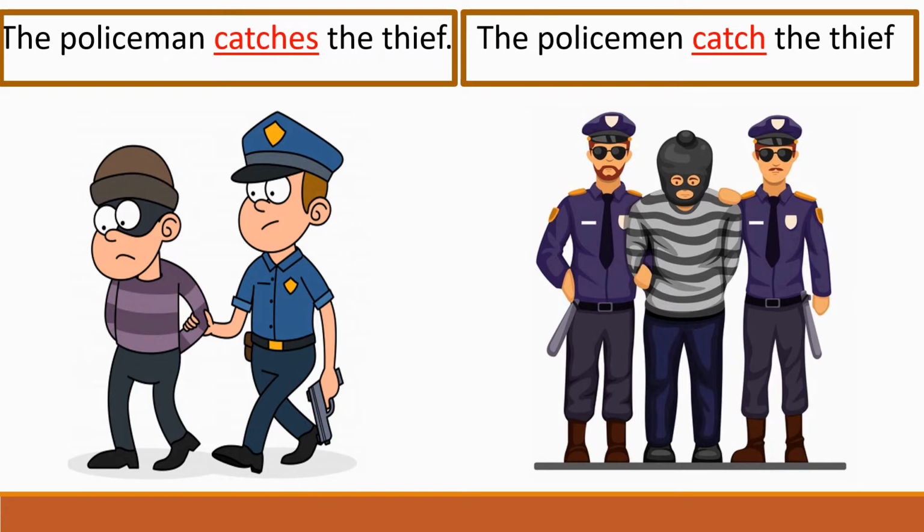Have you understood, student? Now, student, let's see this sentence. The first one is: the policeman catches the thief. Here the action word is catches, correct? And the noun is policeman, and the spelling of man is m-a-n, correct? So here the noun is singular. Yes.